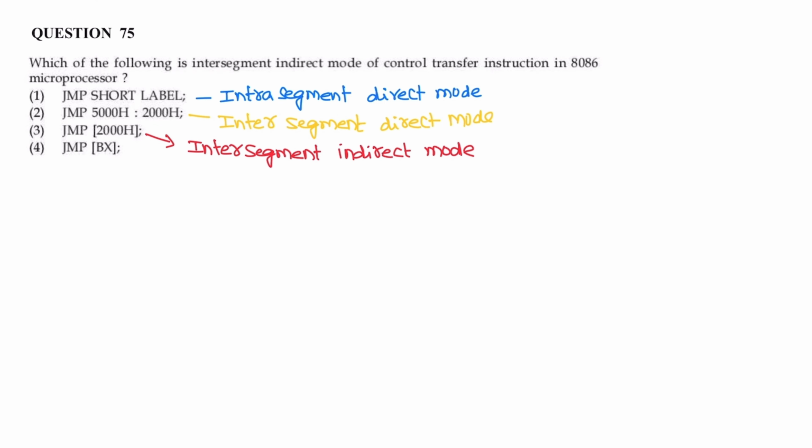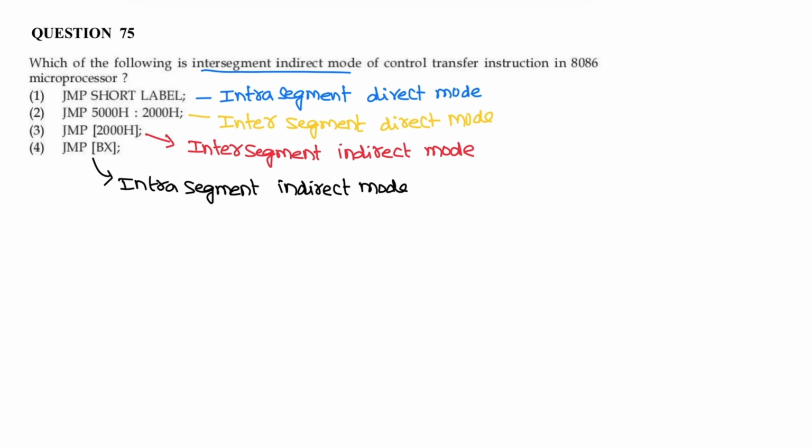And this statement 4 is intra-segment indirect mode. So in the given question, inter-segment indirect mode. So correct option is 3.